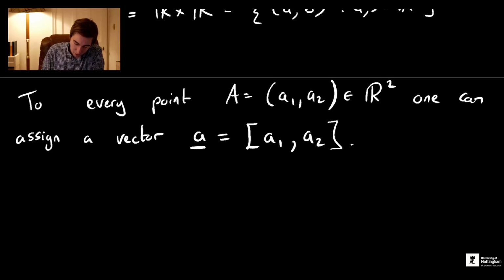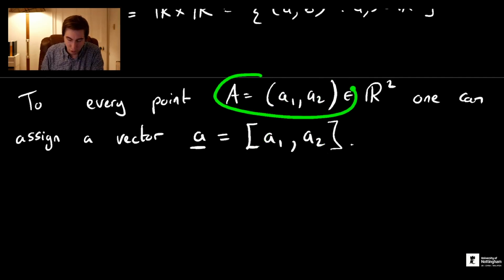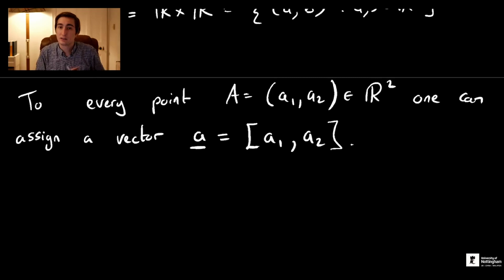It has the exact same components as the point, but notice we use square brackets instead of round brackets, because round brackets represent coordinates in the space, while this represents a directed line segment, something that has some sort of direction. Coordinates are not the same as vectors, but we can describe vectors in terms of coordinates.